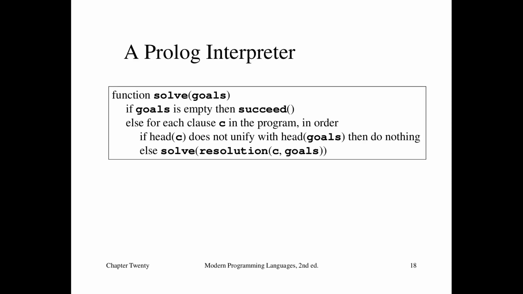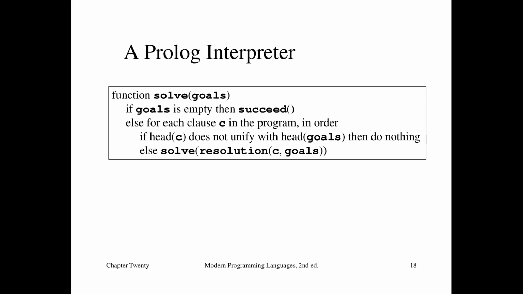Then we can use this concept of resolution to provide the base approach for developing a Prolog interpreter. The Prolog interpreter is simply a recursive function called solve. We give it a list of goals, and our base case is: if the goals are empty, then we call succeed, as in it returns true.